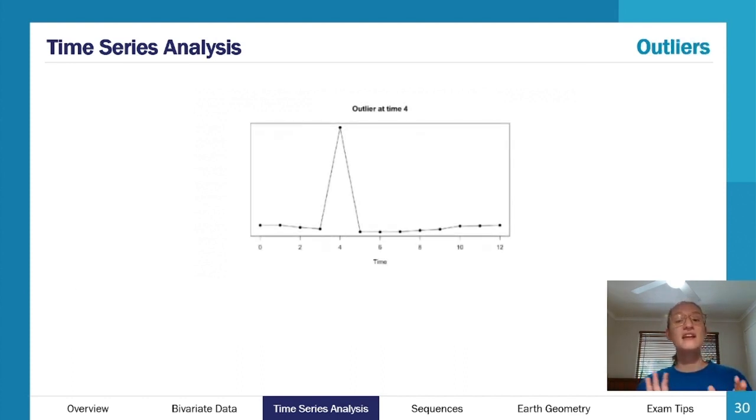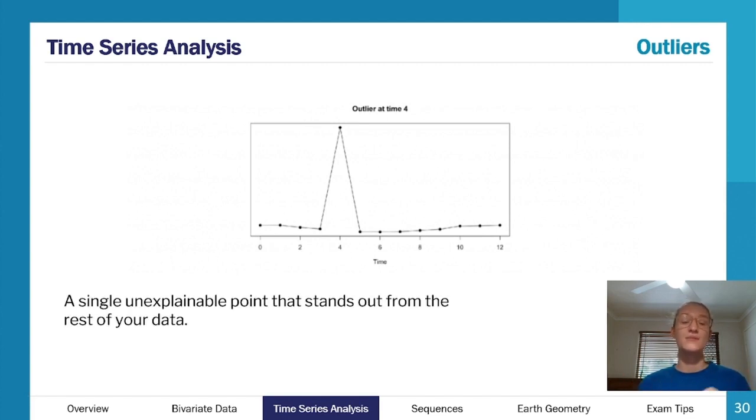The interesting different thing is outliers. So what's the difference between outliers and structural change? Outliers are a single unexplainable point that stands out from the rest of the data. Whereas you might have noticed that when we had our structural change, there was that big change, and then it continued with a new pattern.